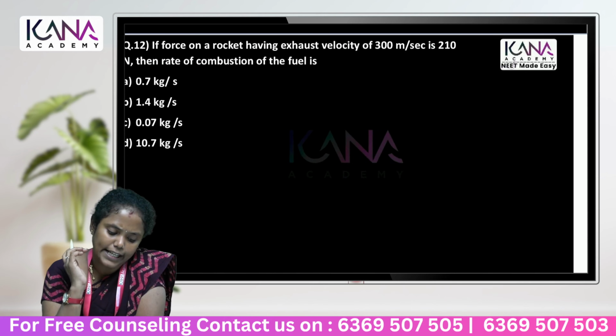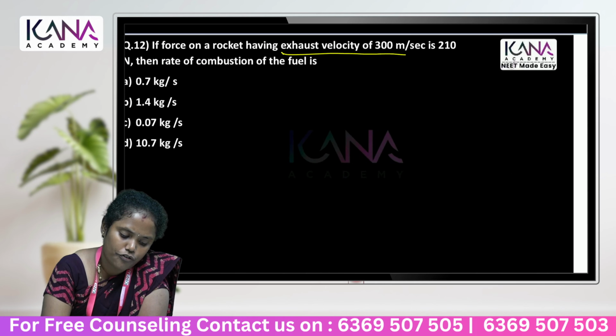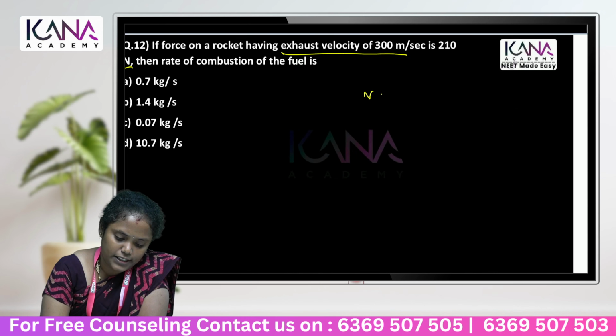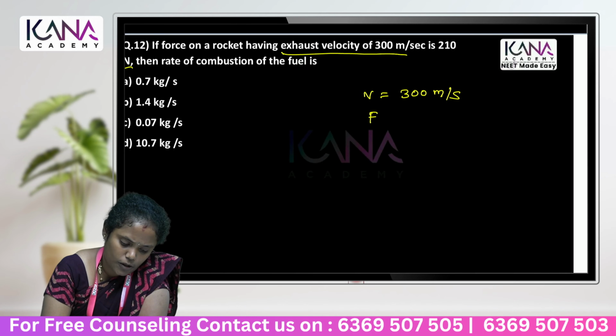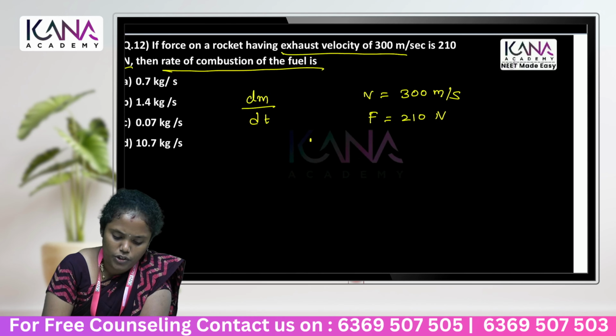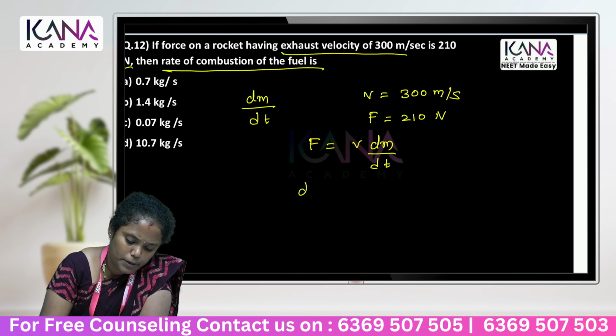Force on a rocket having exhaust velocity of 300 meter per second is 210 Newton. That is v is equal to 300 meter per second and F is equal to 210 Newton. The rate of combustion of the fuel is nothing but dm by dt. We know that F is equal to v into dm by dt. What should be dm by dt?